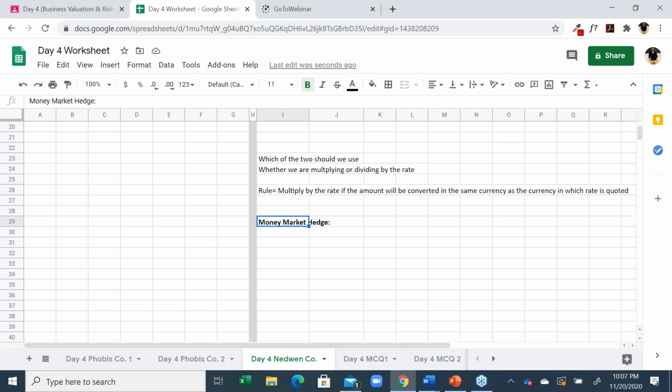Even if you miss anything, don't worry, I'm going to repeat. A money market hedge is when a company uses short-term borrowing and short-term investment to hedge its exchange rate risk.